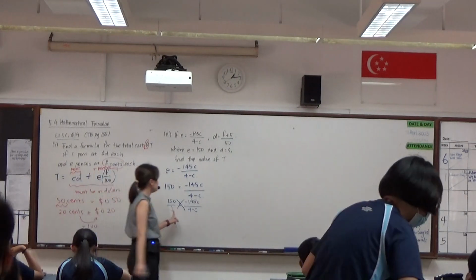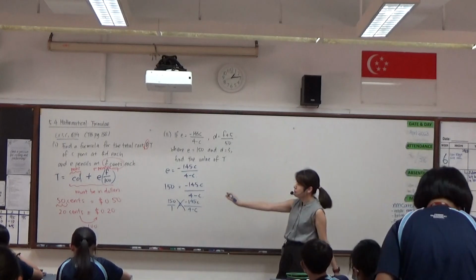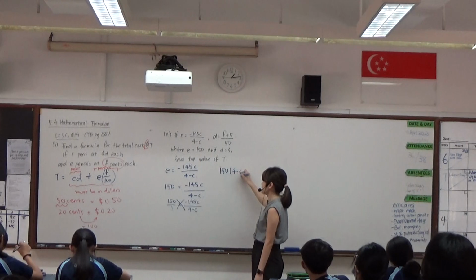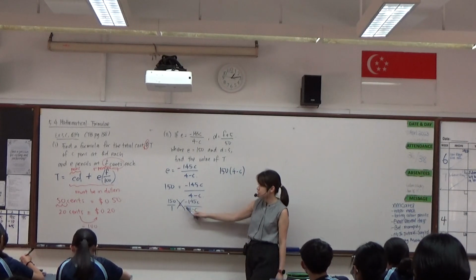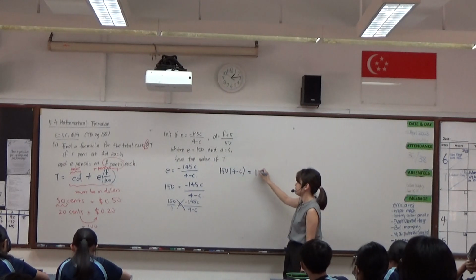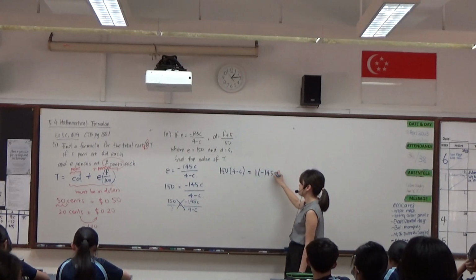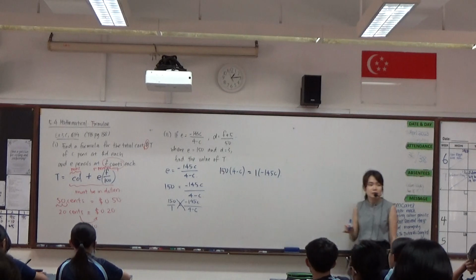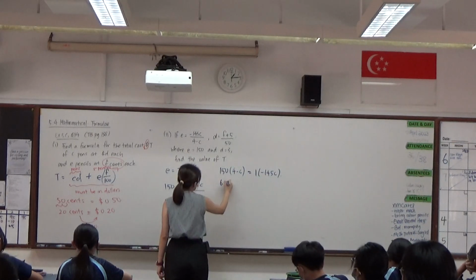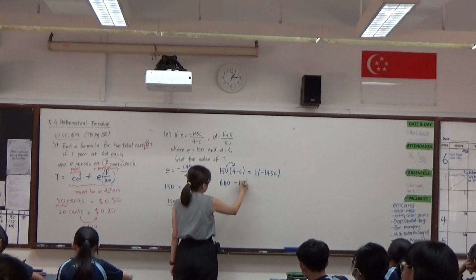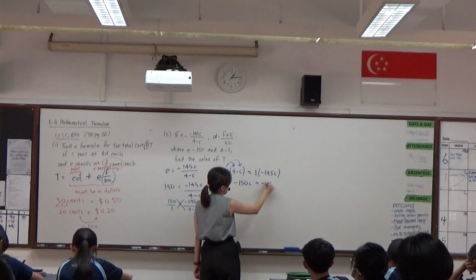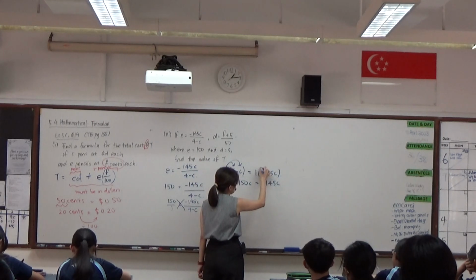Okay. So because we multiply, we should get 150 times 4 minus C, because this one crosses that side, 1 times negative 145C. So we cross multiply like that. And then we will get 600 upon expansion minus 150C equals negative 145C.